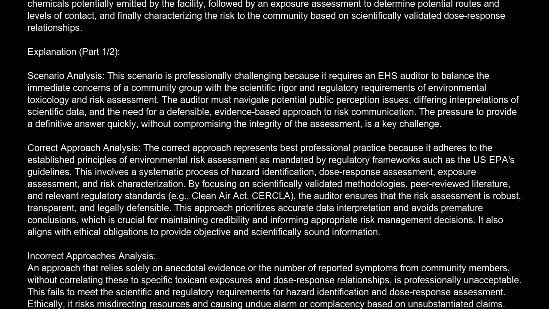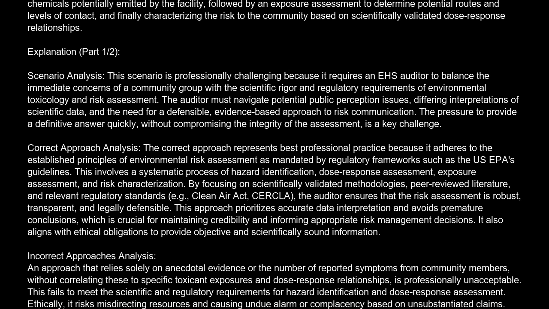Correct approach analysis. The correct approach represents best professional practice because it adheres to the established principles of environmental risk assessment as mandated by regulatory frameworks such as the U.S. EPA's guidelines. This involves a systematic process of hazard identification, dose-response assessment, exposure assessment, and risk characterization.